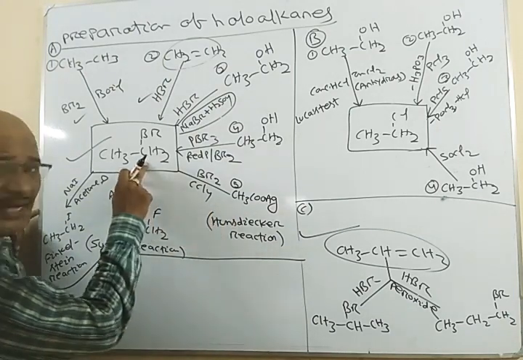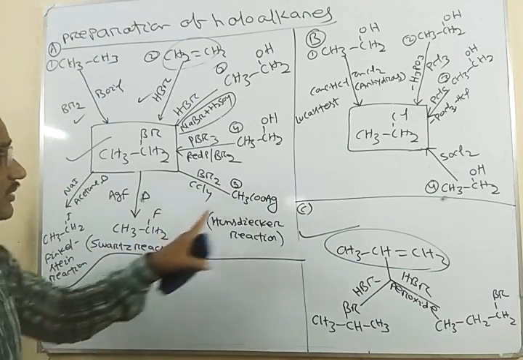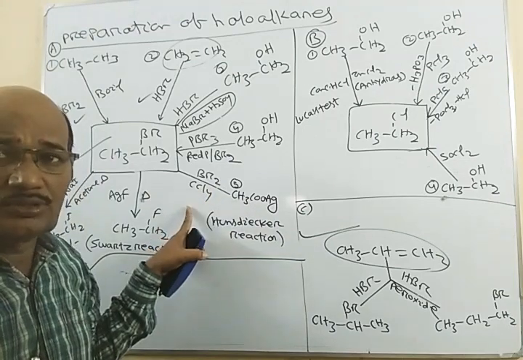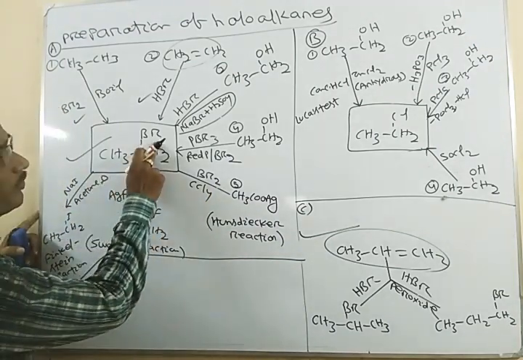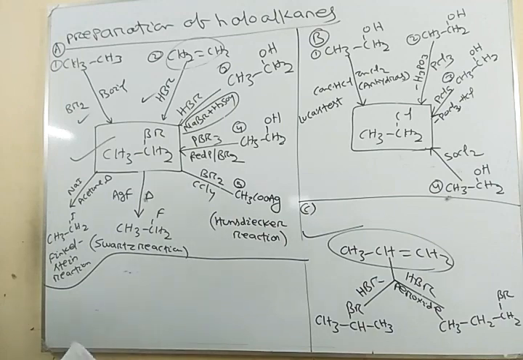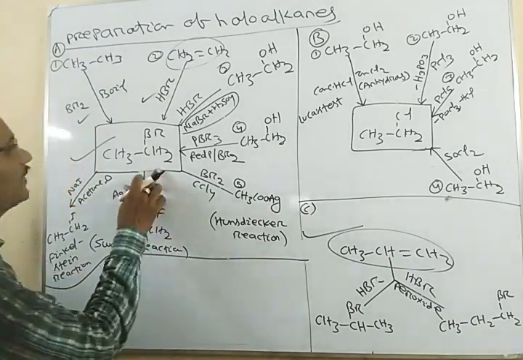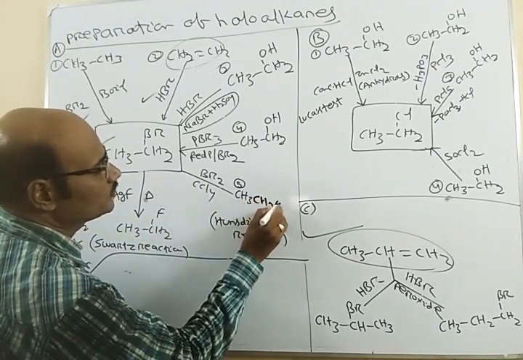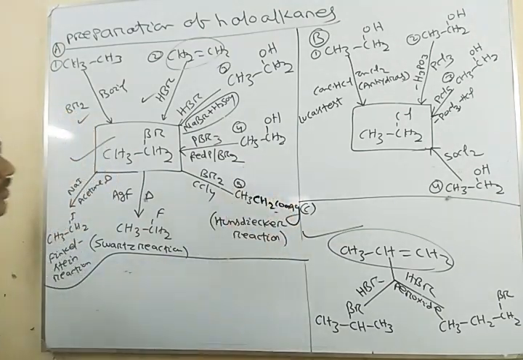Similarly, I can get ethyl bromide from the silver salt of an acid. CH3CH2COOAg, when treated with bromine in CCl4, gives CH3CH2Br plus CO2 plus AgBr.